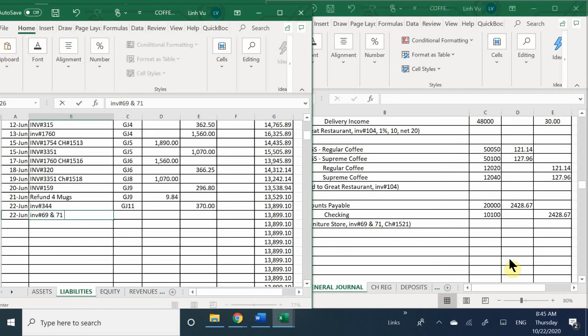Then we'll do GJ 11, $2428.67, bringing that to $11,470.40. Good. That's what I'm looking at on my calculator. Okay, and then we go to checking in the asset section.